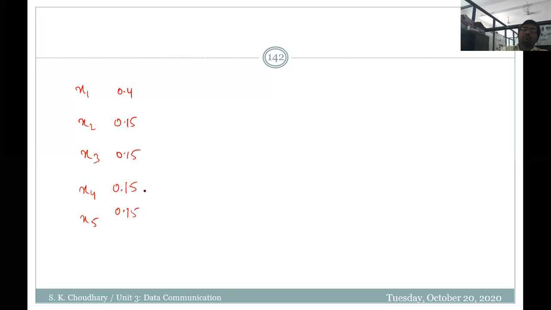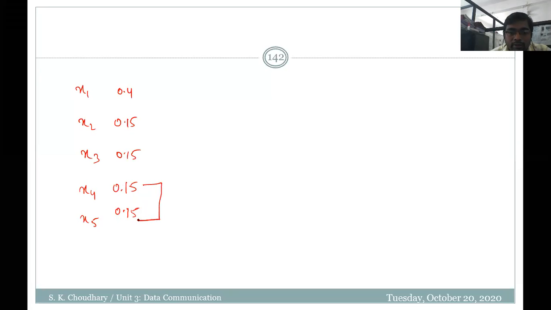What is the first step? We have to start from the lower end. So we start from x5 and combine the two adjacent probabilities. We have to combine the probabilities of x5 and x4.